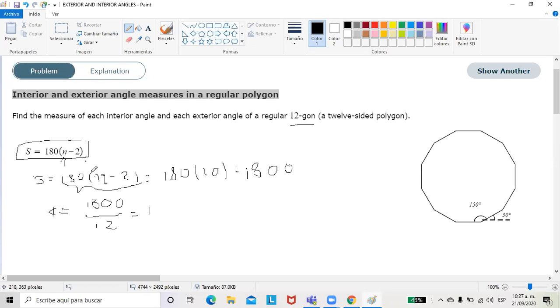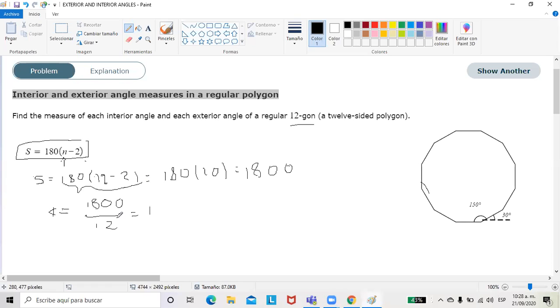Teacher, and when the polygon is irregular, what do we do? There's another kind of exercise we're going to make, so don't worry. This formula is for all polygons. It doesn't matter if it's regular or irregular. But in this case we need to know the measure of the inner angle.